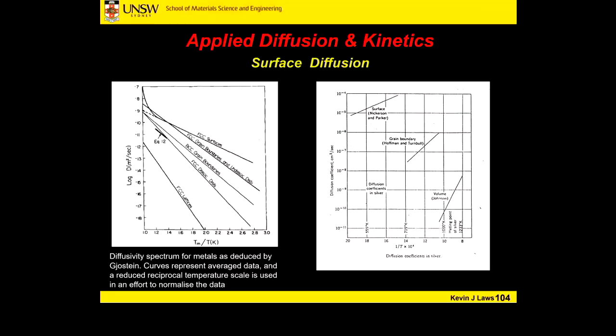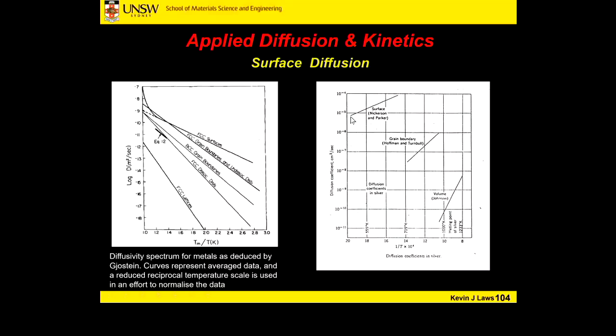So it's essentially been proven, shown quite fundamentally and without any doubt that surface diffusion is much higher, and we're talking orders of magnitude here. So here's our diffusion coefficient, right, for a given temperature, and we can see here 2 orders of magnitude there, 3 orders of magnitude there, and another 4 orders of magnitude down here to volume diffusion.